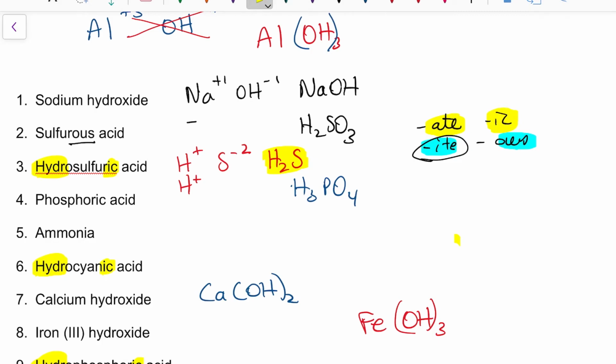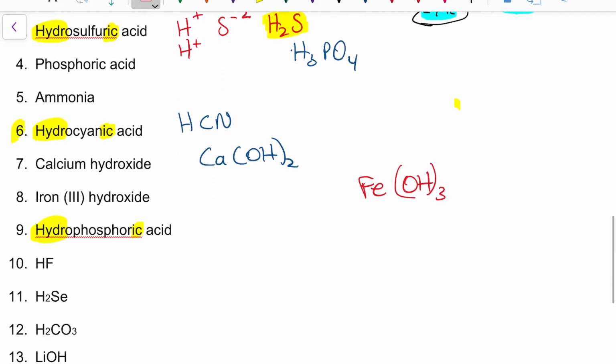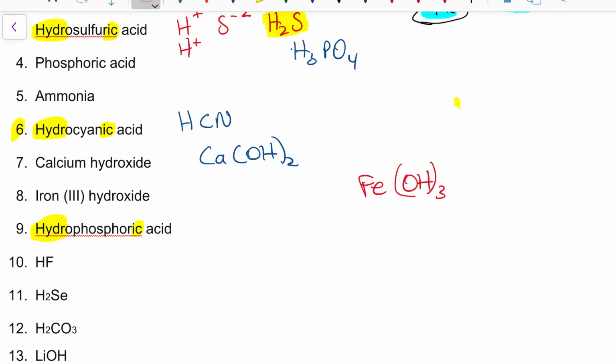Let's now look at hydrocyanic acid, number 6. The cyanide ion, if you look it up, is CN-. Hydrocyanic acid would be HCN. Hydrophosphoric acid comes from phosphorus. Phosphorus is just a P. P is in group 15.